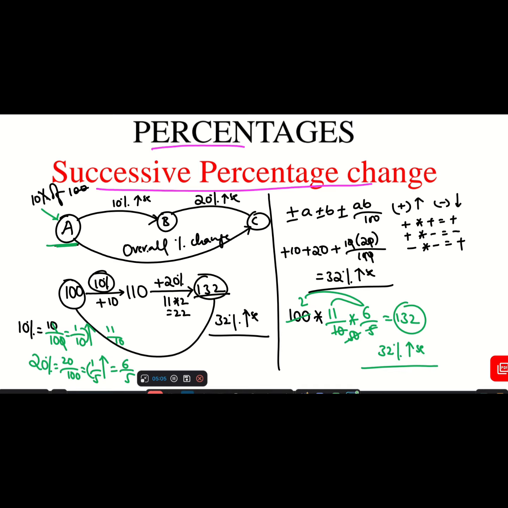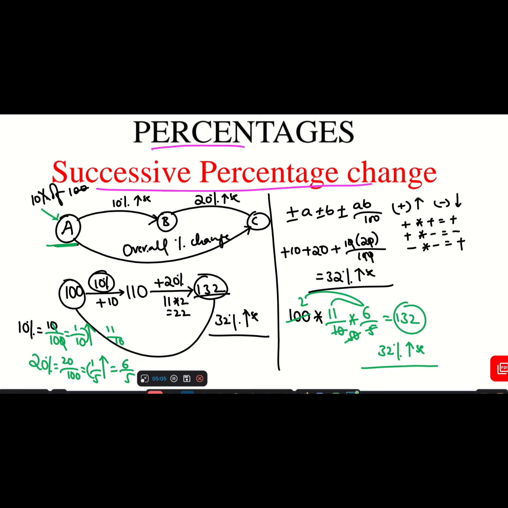Plus 20 minus 20 will be cancelled, and 20 into 20, that is 400, 0 0 will be cancelled, 4, so minus 4. It is a 4 percentage decrease. Okay.